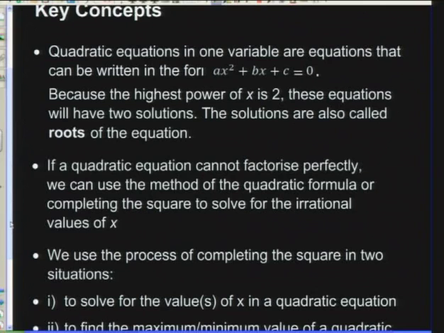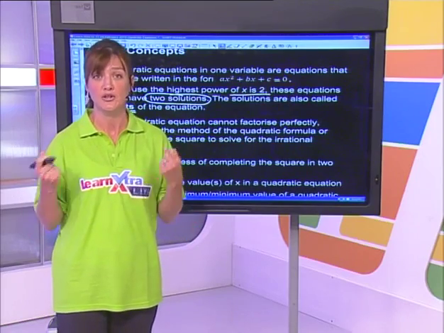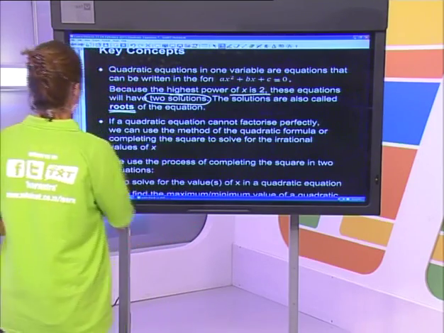Because the highest power of x is 2, we are going to land up with 2 solutions for our equation. And just to remember that what we call the solutions of our equation are roots. So when your teacher refers to the roots of your equation, she's referring to the answers that you are getting when you solve that equation.